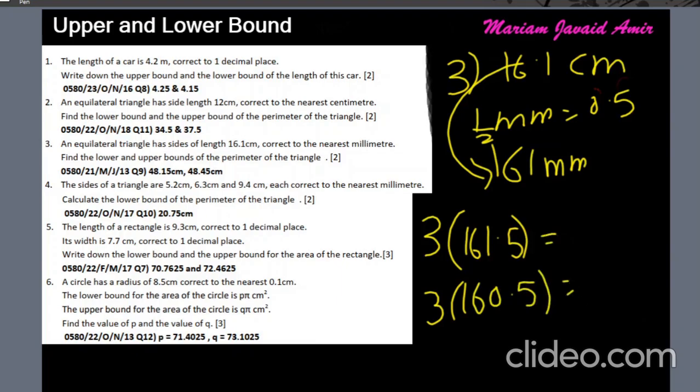So we get answers in millimeters. 3 times 161.5 gives 484.5, which is in millimeters. And then I get 3 times 160.5, which is 481.5 millimeters.